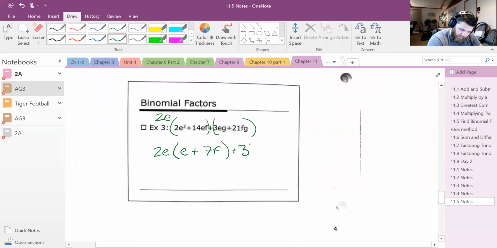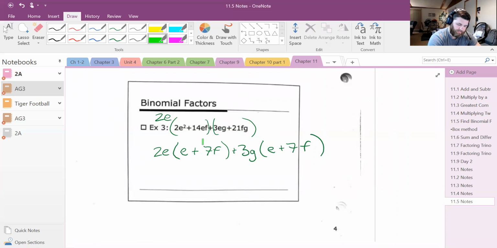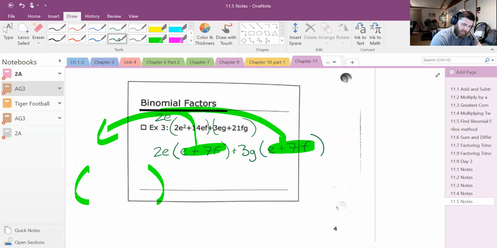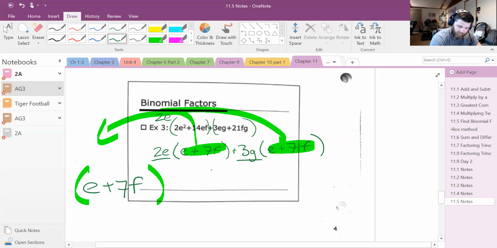This one's actually easy. If I pull out a 3g, we have e plus 7f. So we don't have to do any rearranging here. Now we can pull those out, which is e plus 7f, and we're left with 2e plus 3g on the other side.